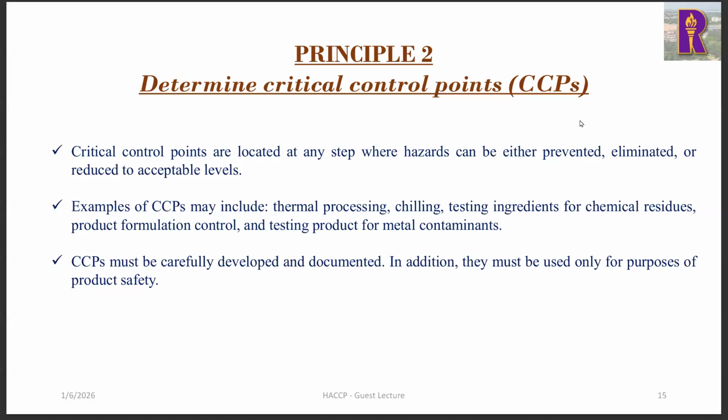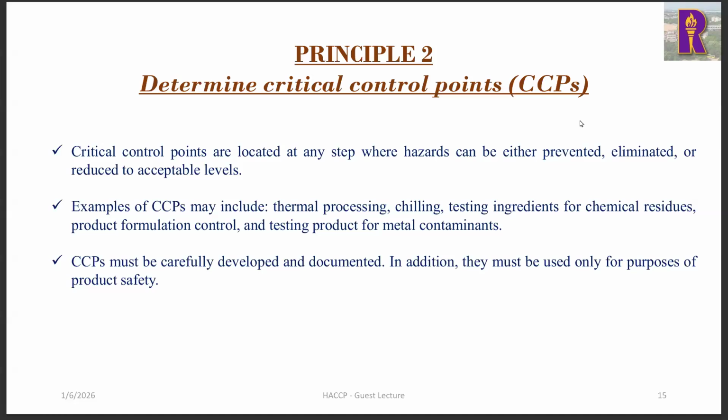For example, let us take the same example of beef. For cooking of poultry, we need a temperature of 165 degrees to kill the harmful bacteria in the poultry, that is chicken or meat or whatever it is.